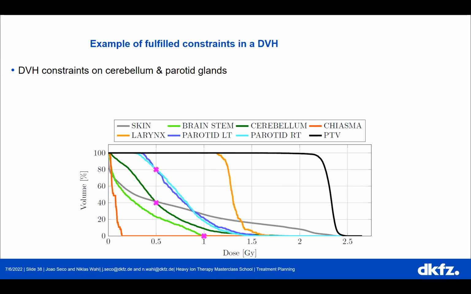So the curve has to go below this, right? The same thing for the green line. You notice the green line is crossing this point because you set it so that 40% of your cerebellum has to receive less than 0.5 gray. And you have another constraint where you set a max dose for the brainstem. So here the brainstem is set to a max dose of 1 gray. These are examples that you can set as your constraints, okay?